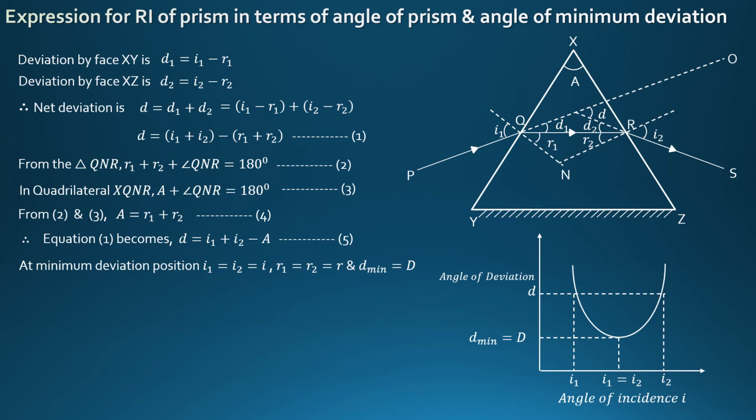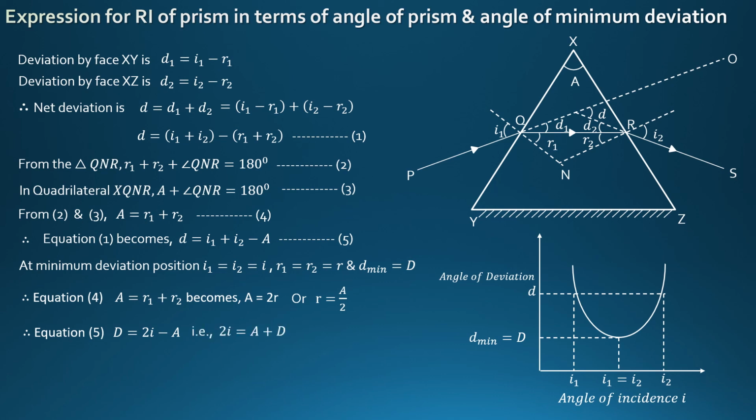So therefore, equation 4, A is equal to r1 plus r2, becomes A is equal to 2r, or r can be written as r is equal to A by 2. Therefore, equation 5 also becomes D is equal to 2i minus A. That is 2i is equal to A plus D, or simply i is equal to (A plus D) by 2.